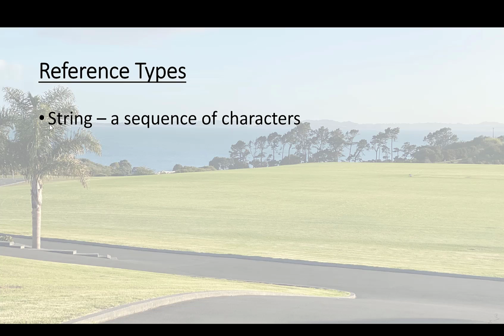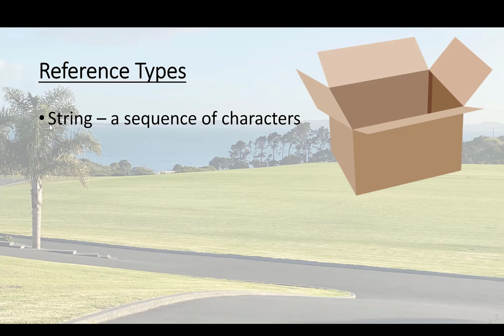At the basic level, the primitive data type char contains one keyboard character. But if we take a sequence of those keyboard characters to create a word, a sentence, a paragraph, an essay, we actually have a string. If we take the analogy of the box, we've created a string data type, maybe with the declaration string message.